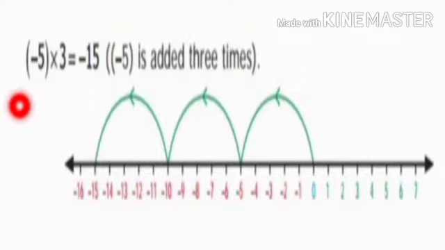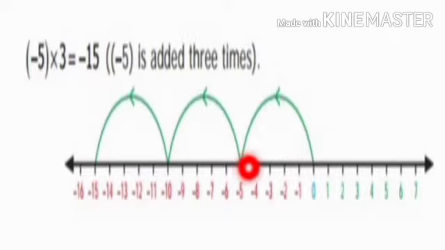Now, for removal of pebbles from the heap by Ravi, representing the multiplication of negative integers on the number line. So minus 5 into 3 is equal to minus 15. Minus 5 is added 3 times. Draw a number line. Mark 0, positive integers and negative integers corresponding to the given values. Start from 0 and move 5 steps backward from 0 to represent minus 5.